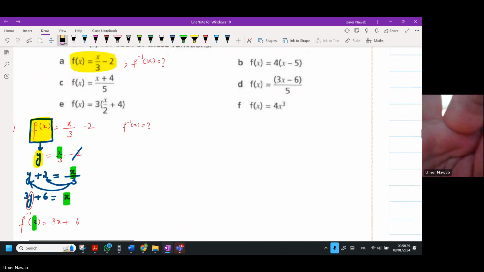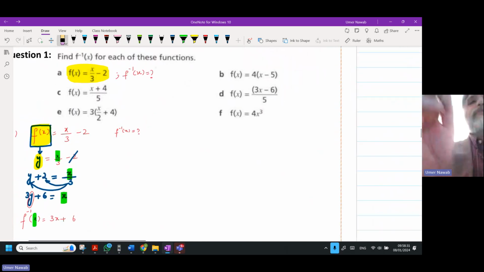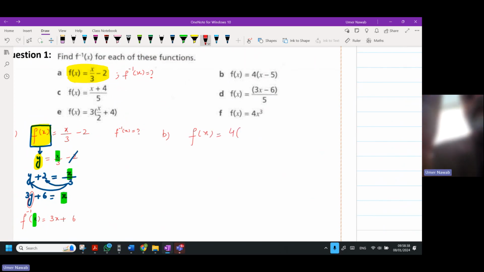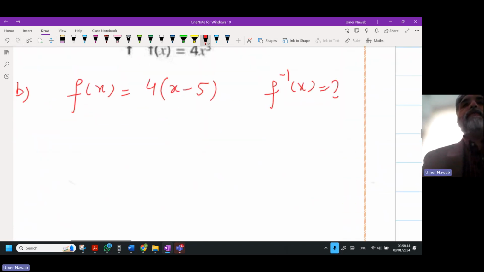Let's do the second part, which is f of x equals 4 bracket open x minus 5, and I want to find the inverse of x.